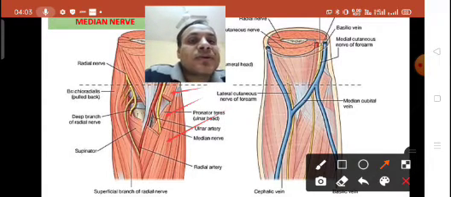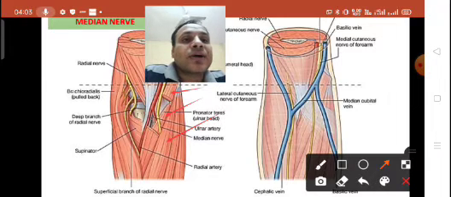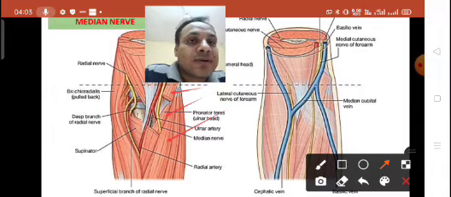All these muscular branches arise in the cubital fossa from the median nerve. That means the median nerve in the cubital fossa gives some muscular branches.